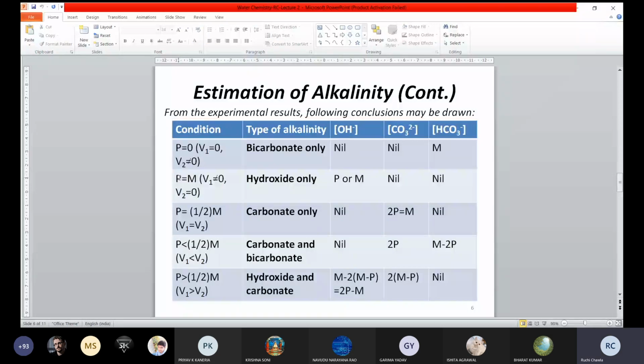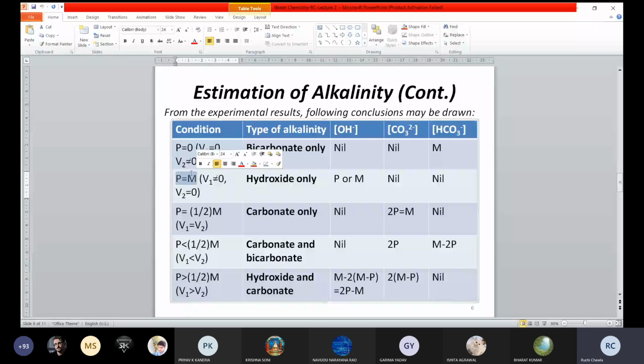Go back to the two equations. P was 10 V1 and M was 10 V1 plus V2. So won't P be equal to M? Yes. And if P is equal to M, then tell me what will be M minus P. M minus P is 0.